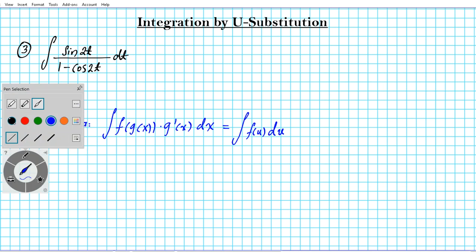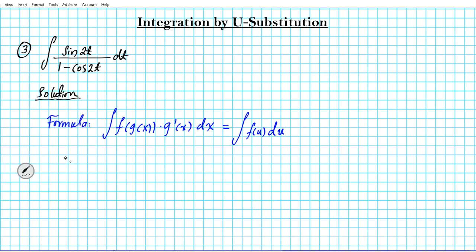So first things first, what we're going to start off with is rewriting the problem in a way where it's easy for us to identify what the composite function is and the derivative of the inner function. Okay, so we executed these exact steps in problems 1 and 2. We're going to do it again here. So what we're going to do is separate it. Let's write the composite function first in harmony with the formula that we have here.